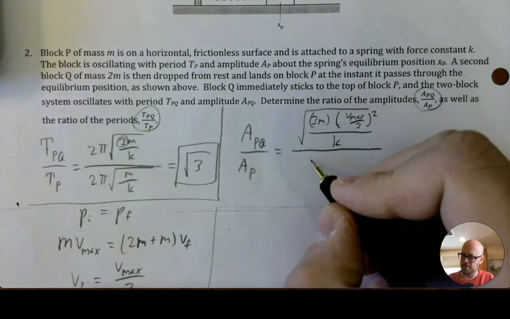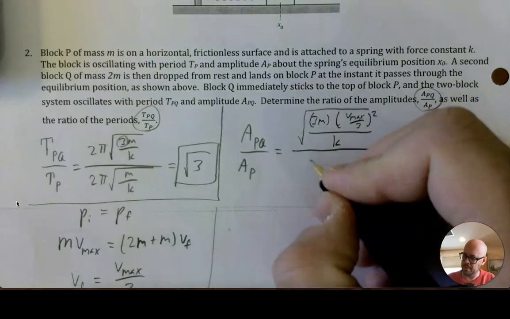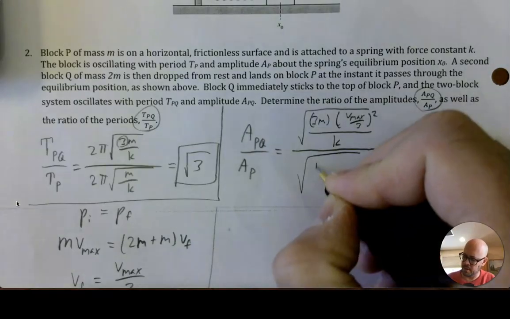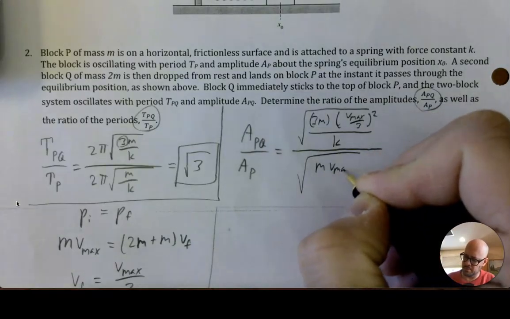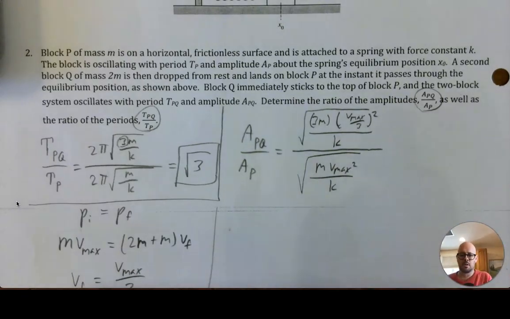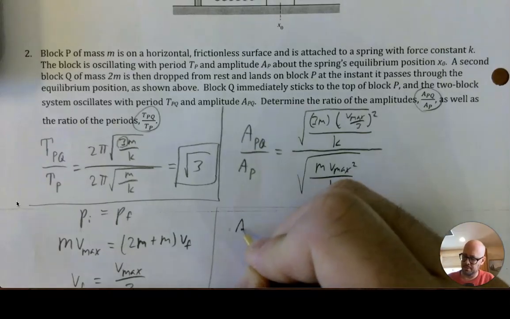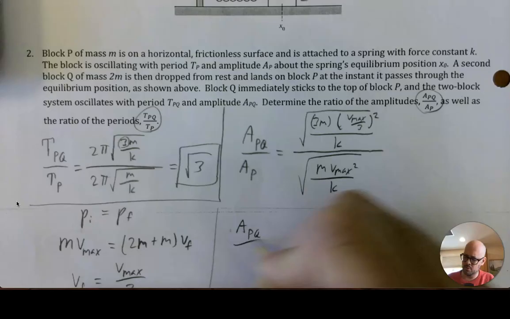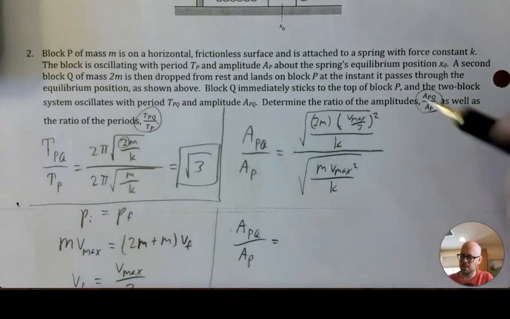And then the amplitude when just block P was there is going to be the square root of m Vmax squared over k. I want to clean that one up just a little bit. So A_PQ over A_P.